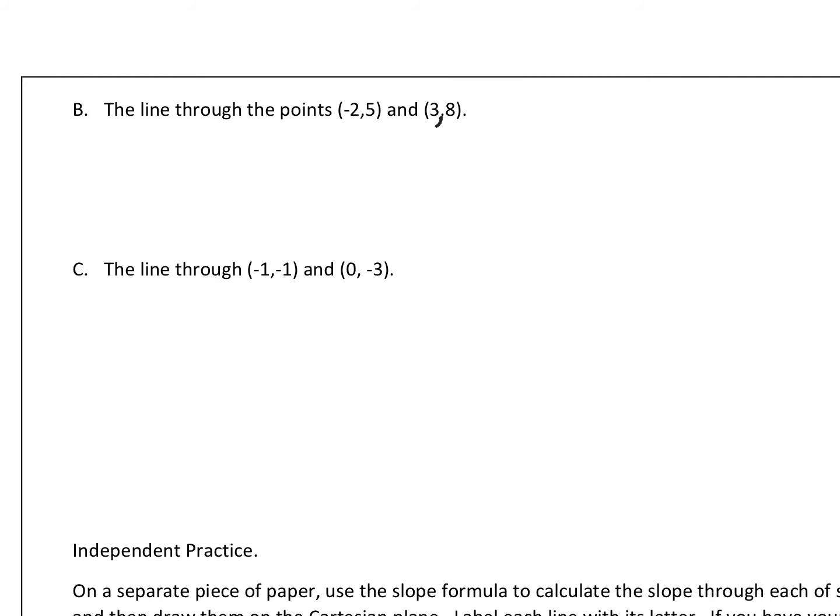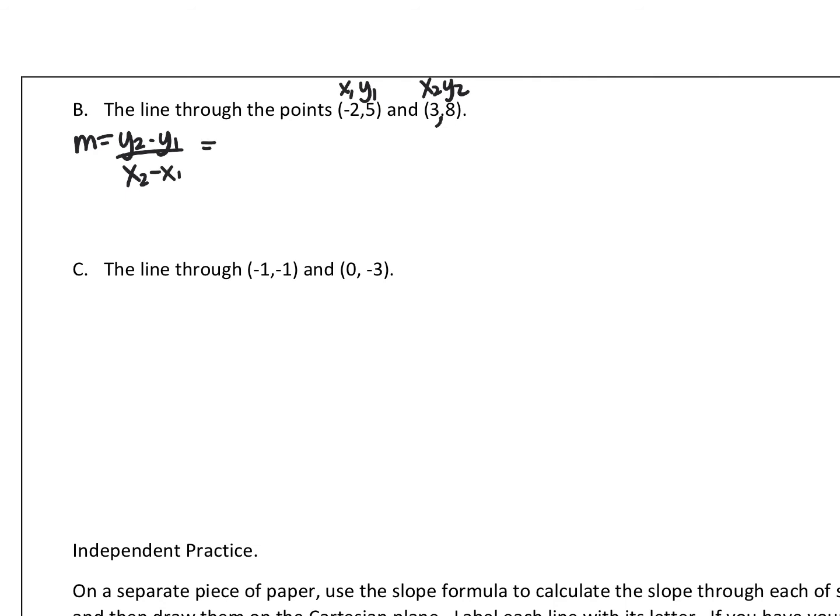Or we can just use our formula, which says y2 minus y1 over x2 minus x1. Okay, so x1, y1, x2, y2. Again, it doesn't matter if you wanted to make this x2, y2 and this x1, y1. It doesn't matter. Just make sure that you keep both the 2's in one and both the 1's in the other one.